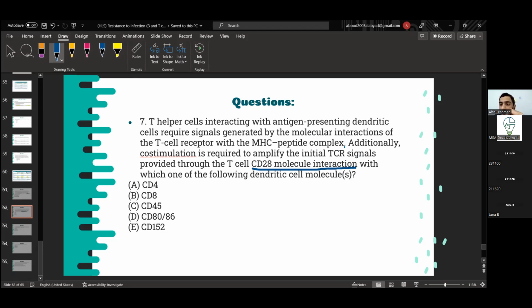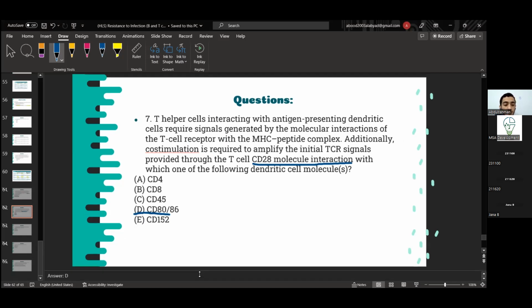There is a D and there's a bunch of A's. I'll give you guys a second if anyone else wants to try. Two D's and three A's. Okay, so the correct answer here is actually D, CD80 and CD86.